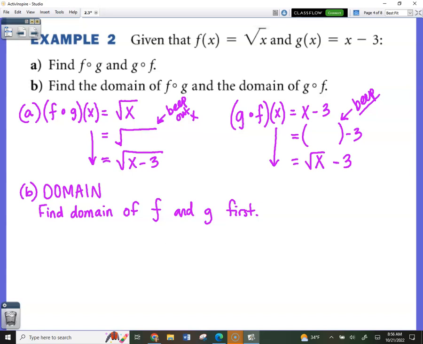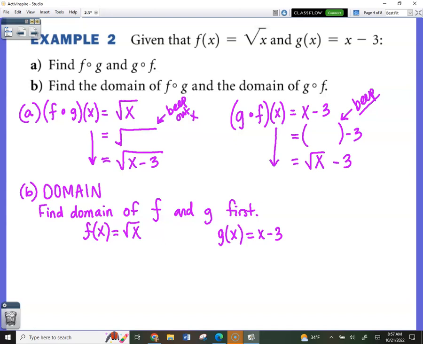Okay, so what was the function f? I'm just copying it. It was the square root of x. What was the function g? It was x minus 3, right? I told you there's only 2 types of functions that have domain restrictions. One of them is fractions, where there's a variable in the bottom, and the other one is square roots. Function f is a square root, which means you have to stop and think about it.